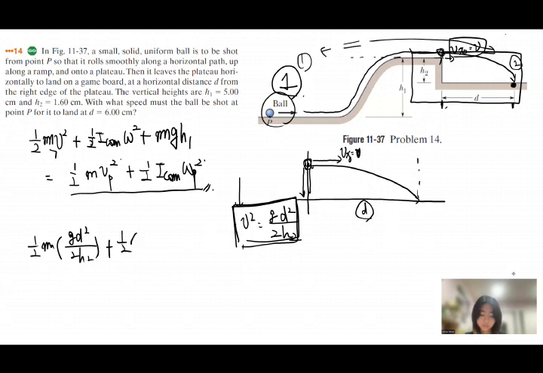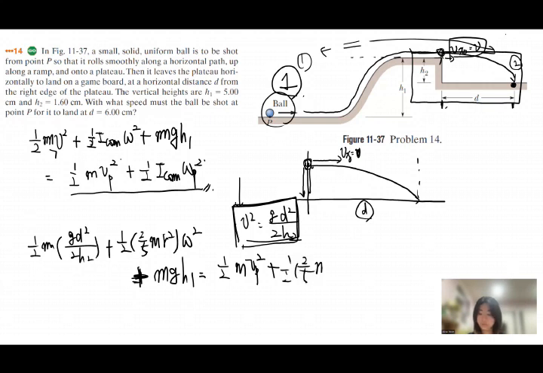So 1/2 times 2/5 m r squared times omega squared plus m g h1 equals 1/2 m v p squared plus, same thing here, 1/2 times 2/5 m r squared times omega p squared.